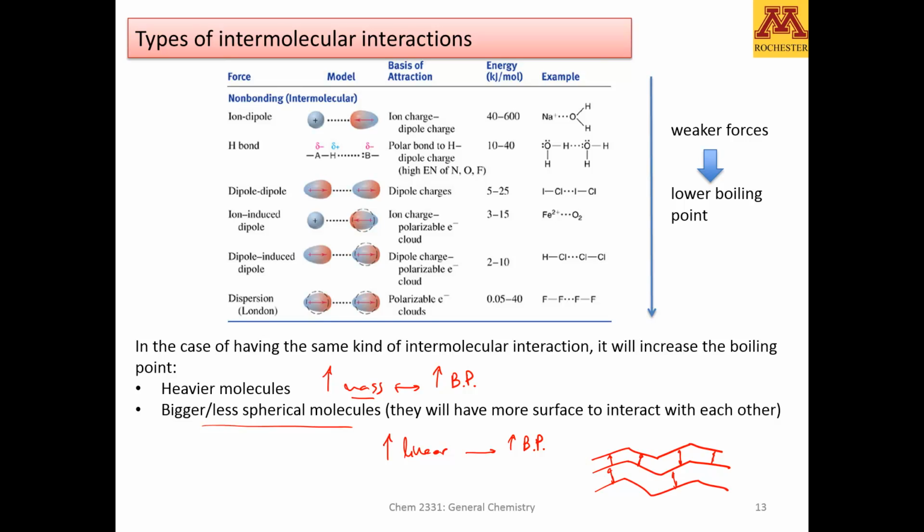In other words, they can pack better. So the more linear it is, the better the packing, so they interact more strongly, and the boiling point is higher. If instead of hexane you have something like that, it still has 6 carbons, but it is more difficult to pack, and therefore if it is more branched, it will have a lower boiling point.